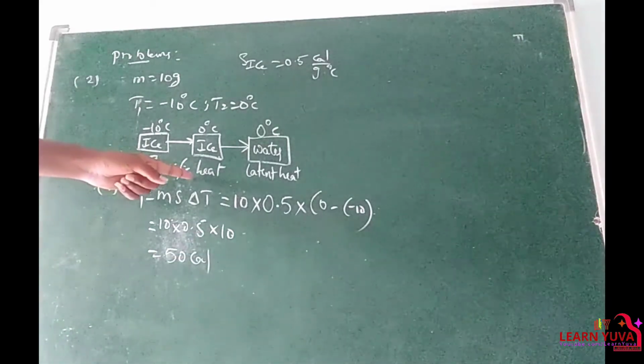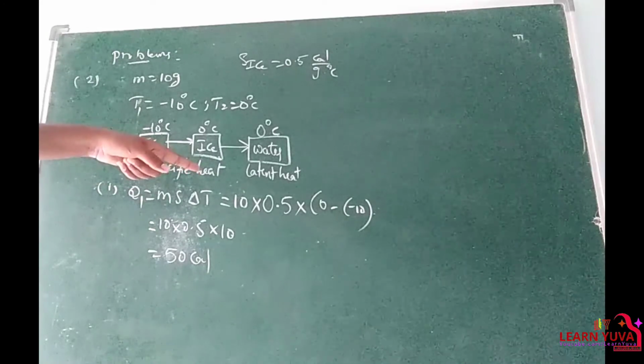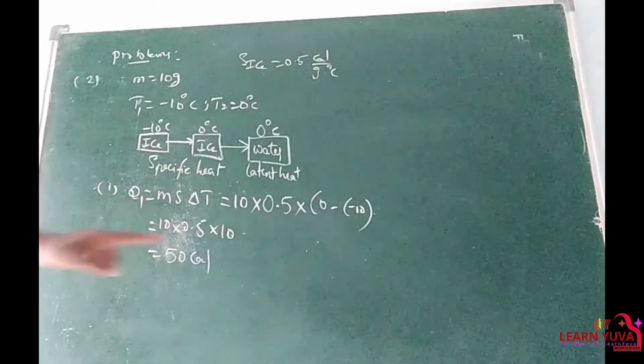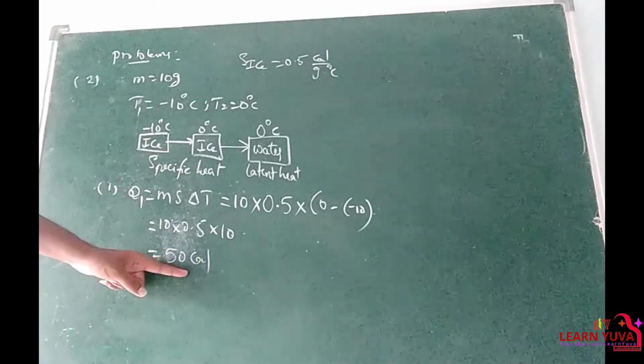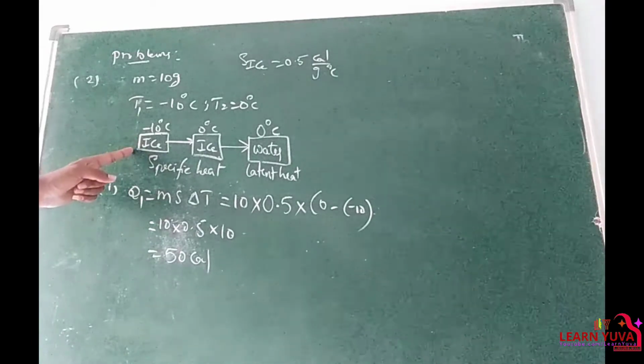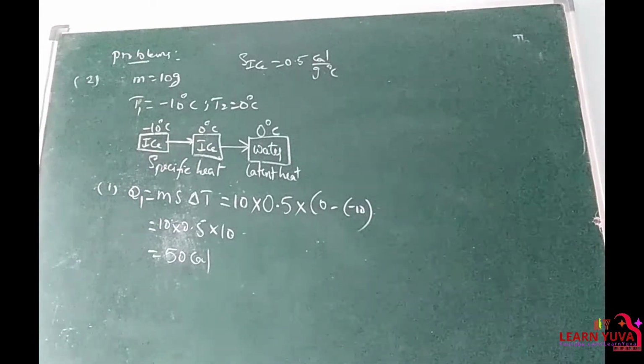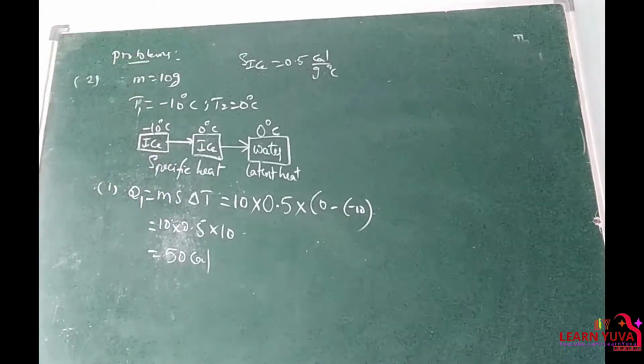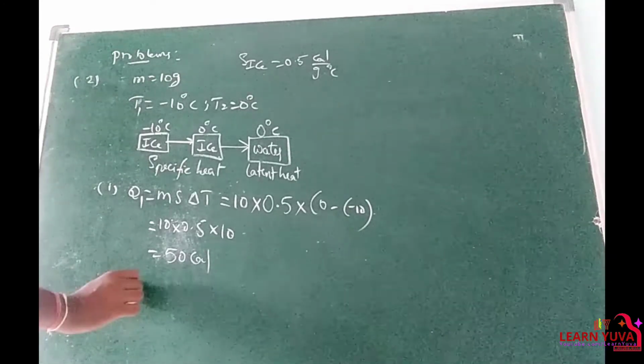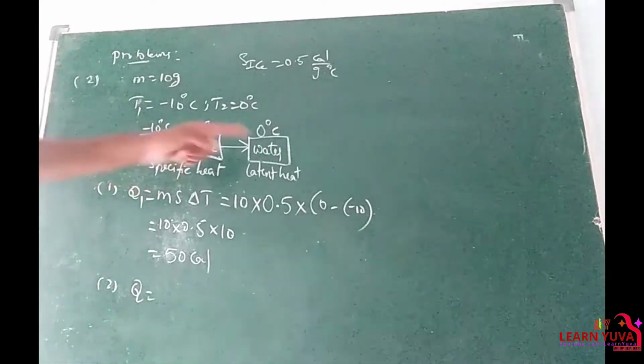By using specific heat, the temperature changes, so the heat energy required is 50 calories to convert minus 10 degrees Celsius to 0 degrees Celsius for a mass of 10 grams.